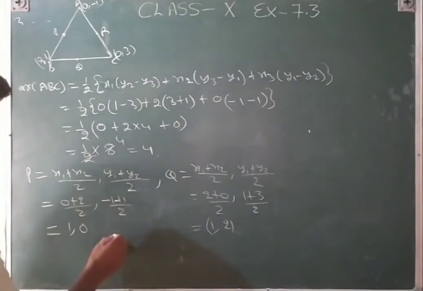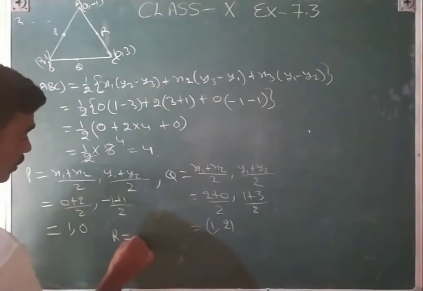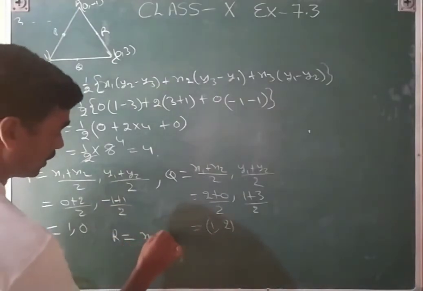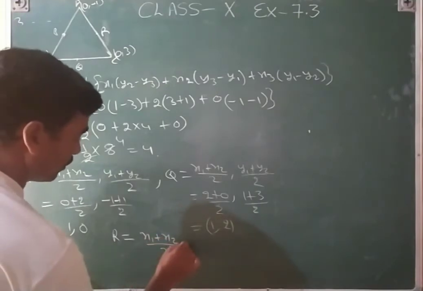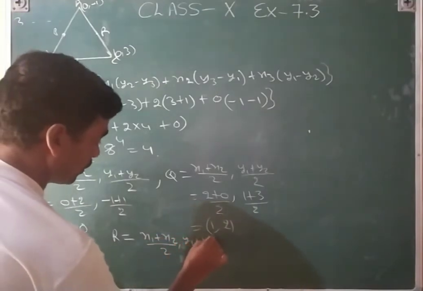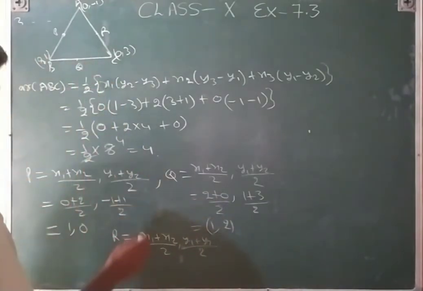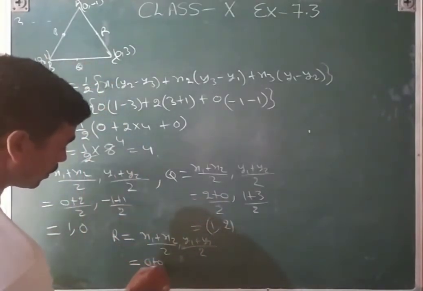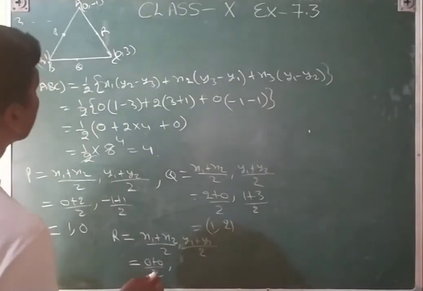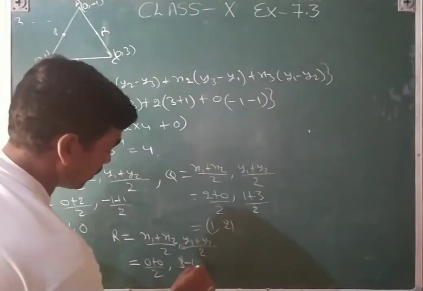And then R point, R is equal to x1 plus x2 upon 2, y1 plus y2 upon 2. So that will be 0 plus 0 upon 2 and then 3 minus 1 upon 2.